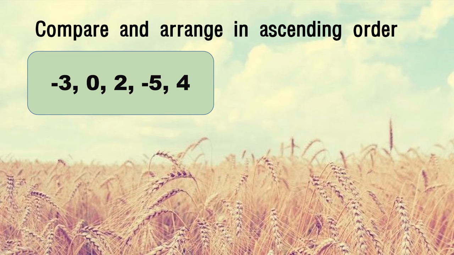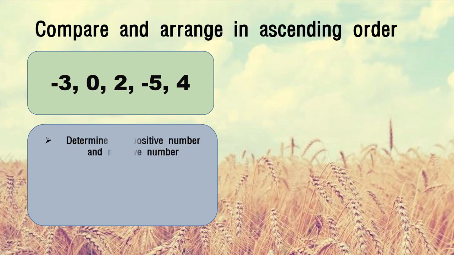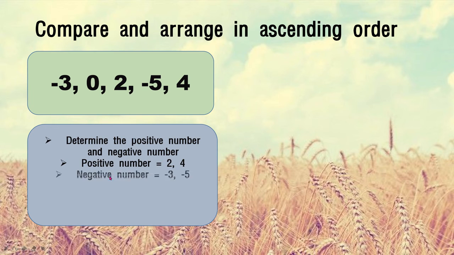So how do we compare and arrange? I already came up with a few steps for you. The first one, you have to determine which are positive numbers and which are negative numbers. Now we got the positive numbers 2 and 4. We got the negative numbers negative 3 and negative 5. After that, we compare and arrange them.